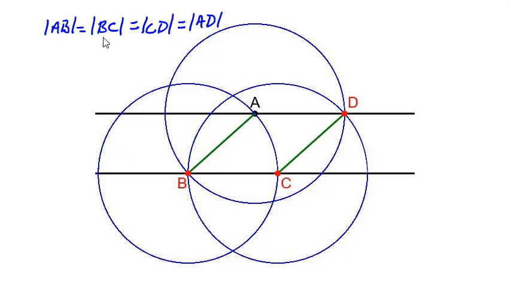And so you can see all these lines are the one length because they are all based on circles of the same radius. Because they are all lines of the one length, we have a rhombus, and since this is a parallelogram, then the line AD must be parallel to the line BC, and so our construction is complete.